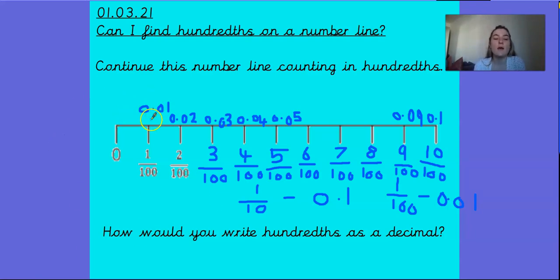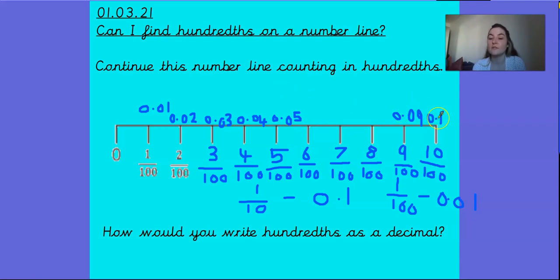Hopefully you would have noticed that each time with your decimals, the hundredth would have increased by 1. So another hundredth would have been added. Here I've got 0.01, 0.02, 0.03, and I've gone on continuously until finally I have reached, I didn't write them all here, but it would have been 0.06, 0.07, 0.08, and we've got 0.09.